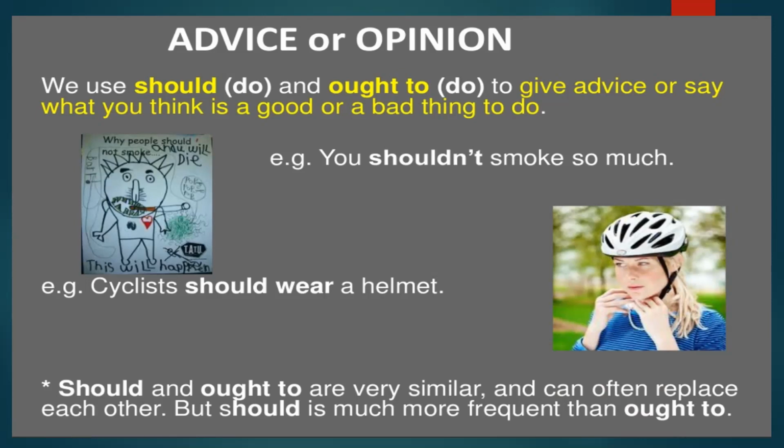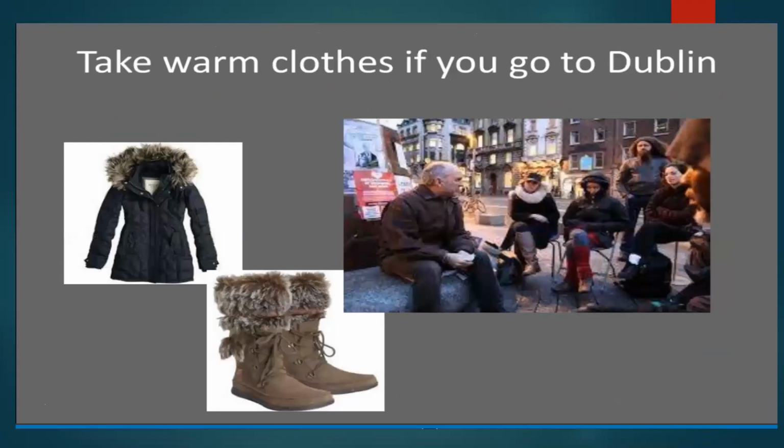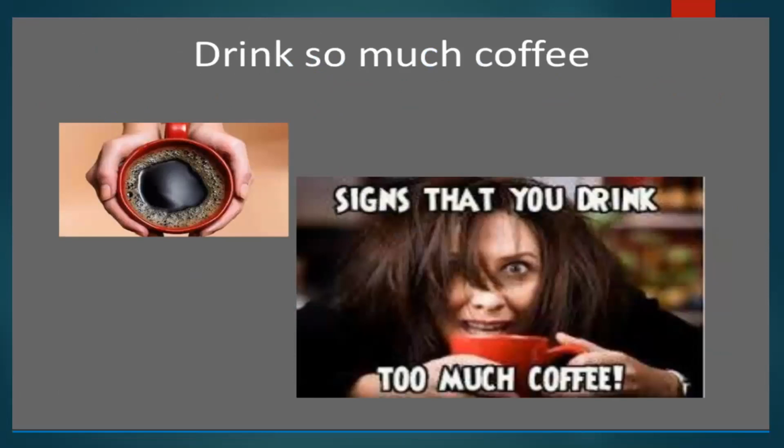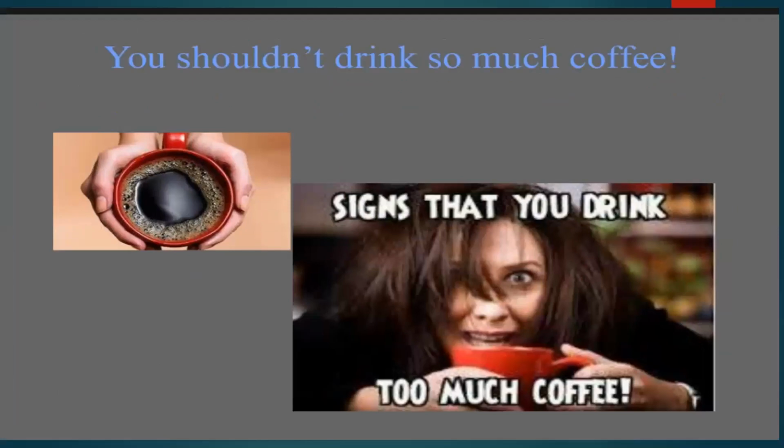Here, the cyclist has a choice to wear a helmet. You can see many examples. Again, drinking so much coffee. So you shouldn't drink so much coffee. But if you like, you drink, isn't it? So again, you have a choice here.